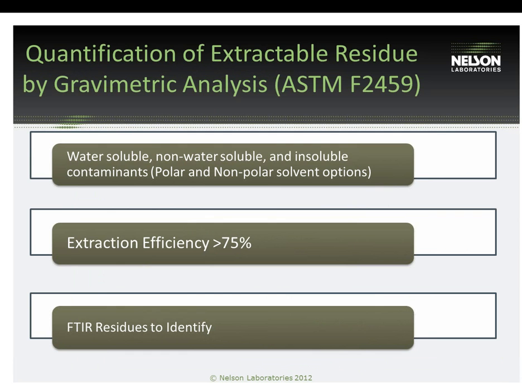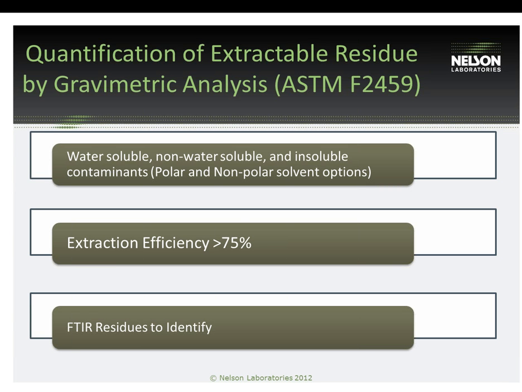So the first test method we're going to talk about is the quantification of extractable residue by gravimetric analysis. And this test method has its own standard, ASTM F2459, that governs this particular test method. And with this gravimetric test, we use a particular solvent. And the benefit of this test is that we can use both nonpolar and polar solvents to capture water-soluble, non-water-soluble, and insoluble debris.